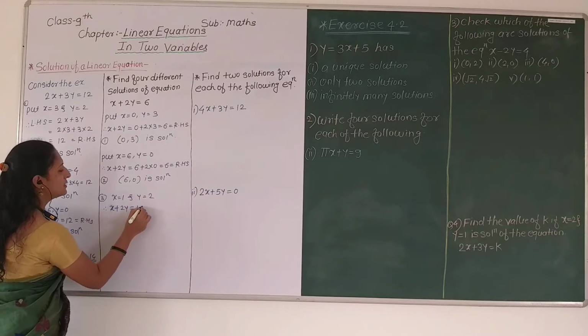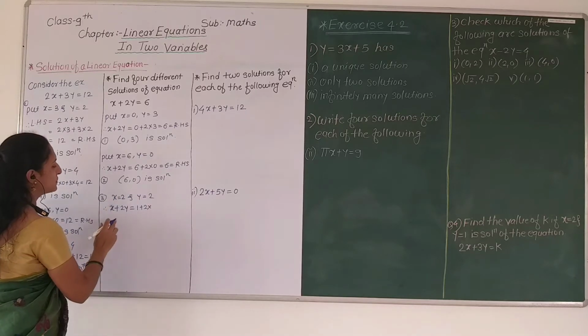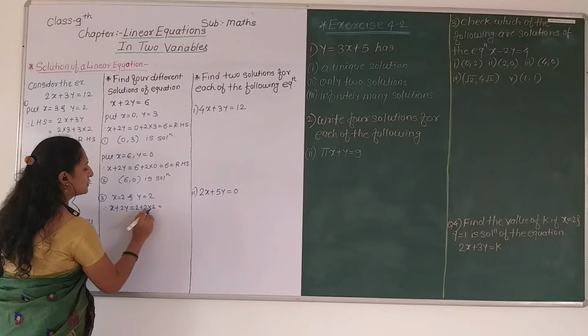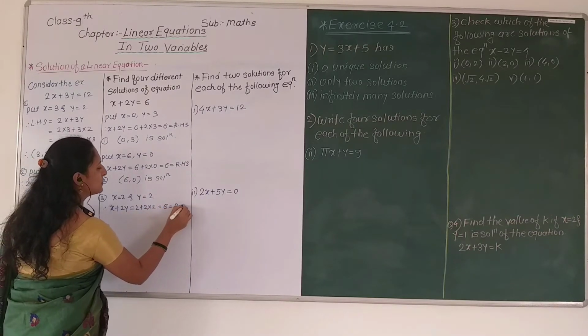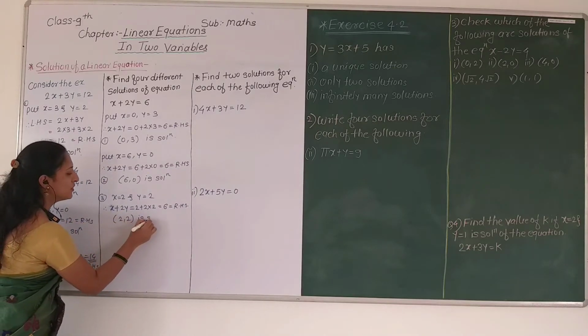Value of x is 1 plus 2 into, sorry, x is equal to 2. Substitute x is equal to 2 and also y is equal to 2. So value of x is 2 plus 2 into y. That is 2. 2 2s are 4, 4 plus 2 is 6, which is RHS. So 2, 2 is one more solution.